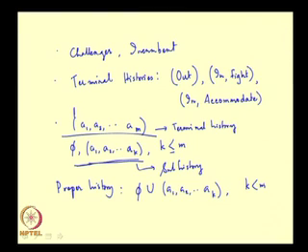So, the terminal history itself is not counted, but all the subhistories of the form a1, a2, ak where k is strictly less than m, they will be proper subhistories of the terminal history.